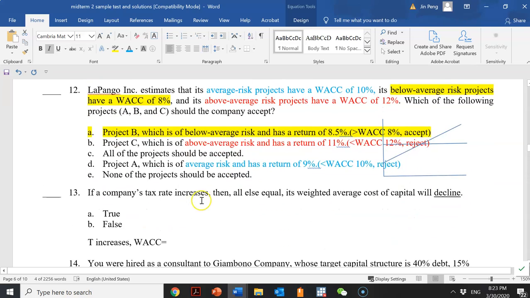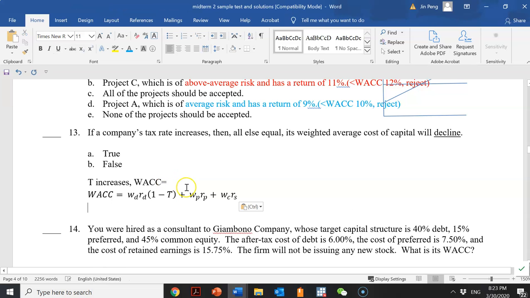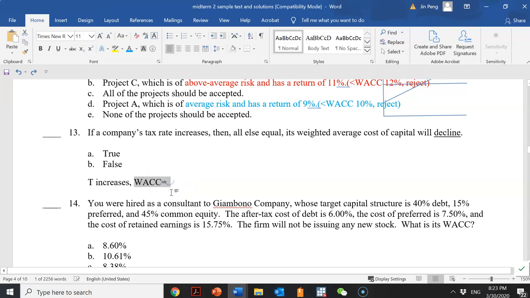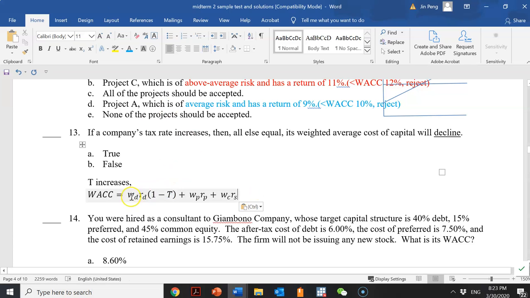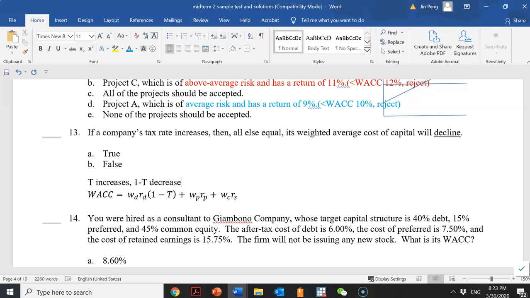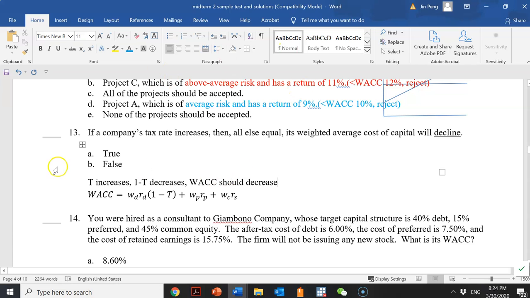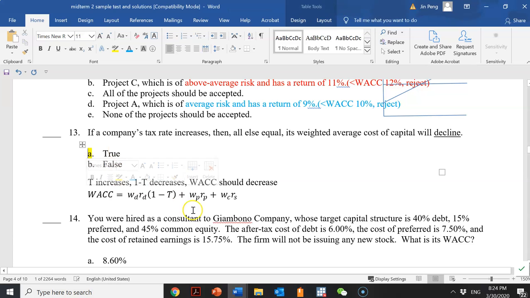Let me copy and paste it here. So it's the 3 weights multiplied by the 3 returns, and for debt we have a tax adjustment. When T increases, 1 minus T will decrease, so WACC should decrease too. So this statement is true.